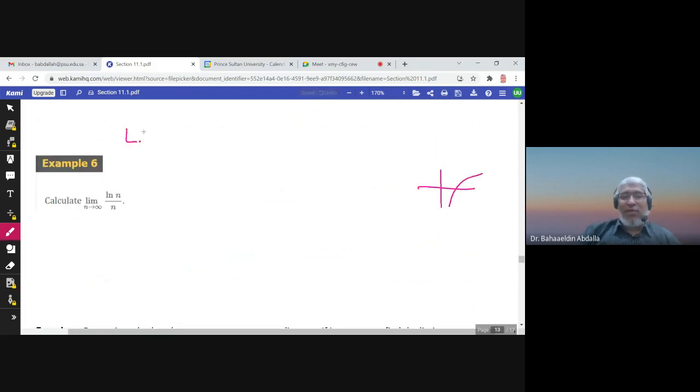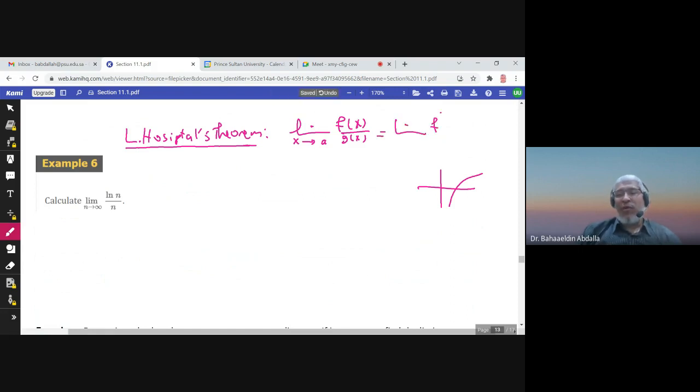And L'Hopital's theorem, we studied L'Hopital's theorem in Calculus 1. And what does it say? It says that the limit of f of x over g of x when x approaches anything, a or infinity or whatever, is equal to the limit of f prime of x over g prime of x, if this limit is of the form infinity over infinity or 0 over 0.